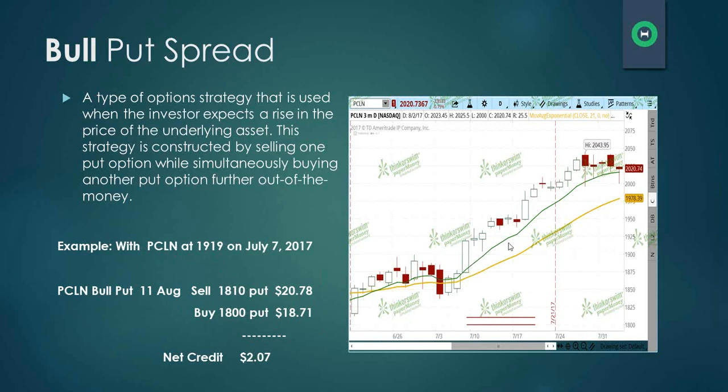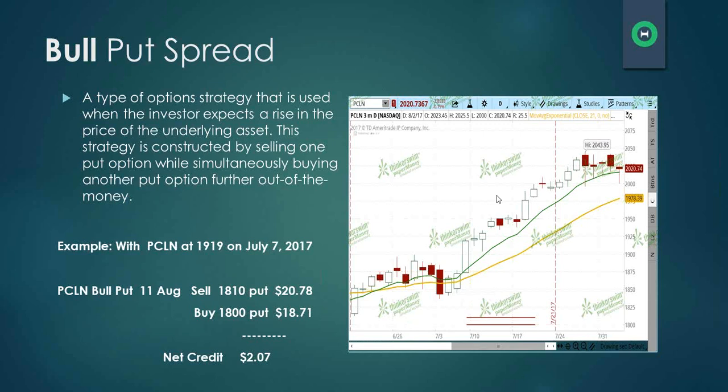If it goes sideways, we can profit. As long as it stays above the option we sold by expiration, we can profit 100%. So that's the beauty of a credit spread.